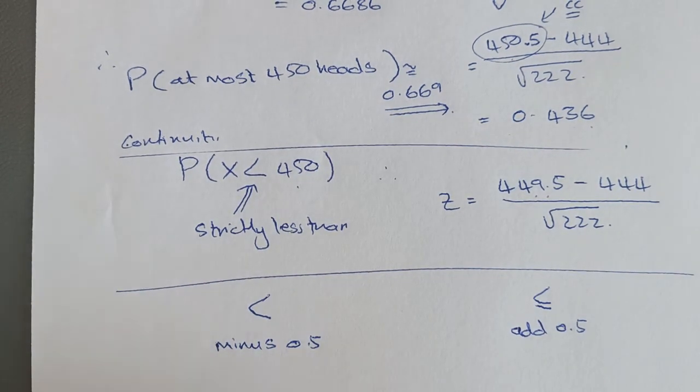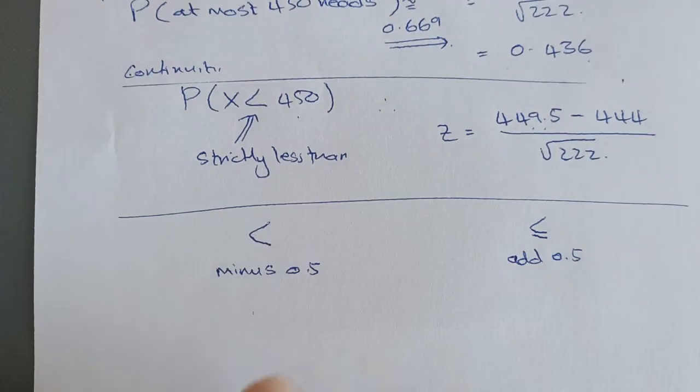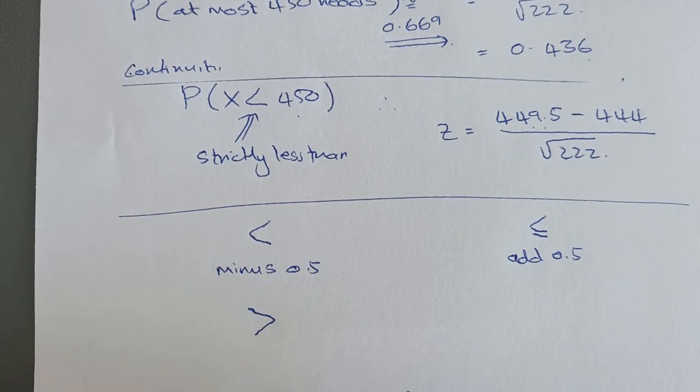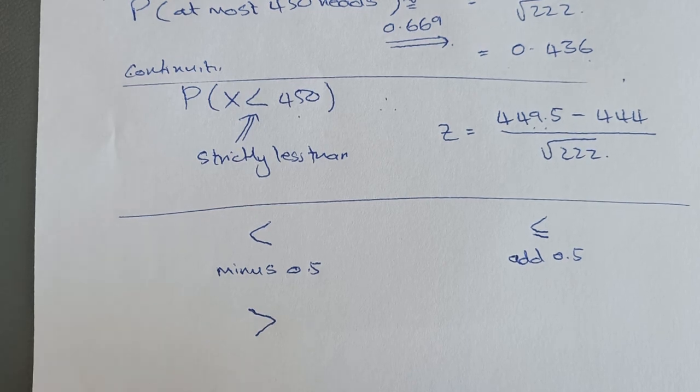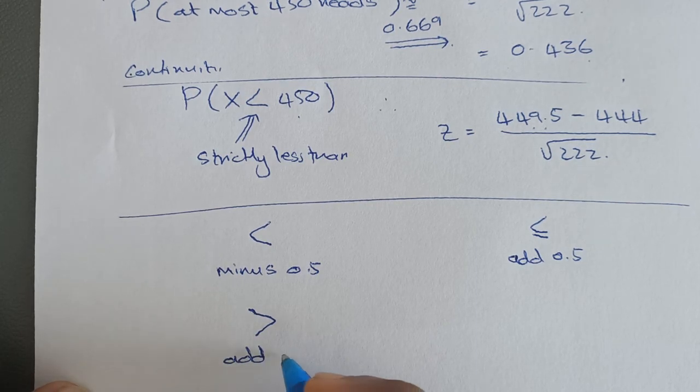If you look at it in terms of greater than, the probability that x is greater than a number, then you would, in this instance, add 0.5, because it must be more.